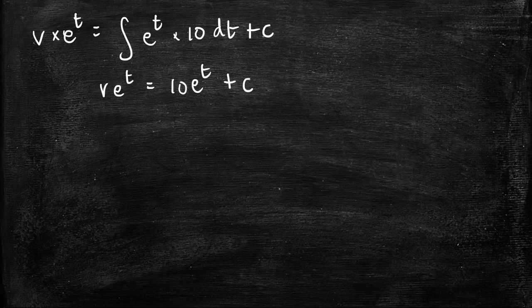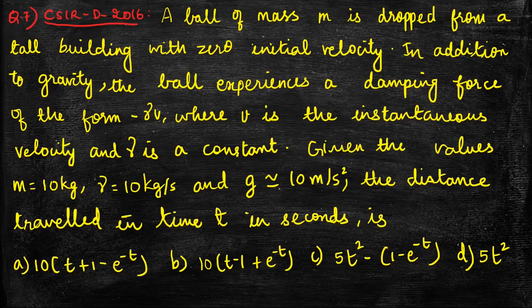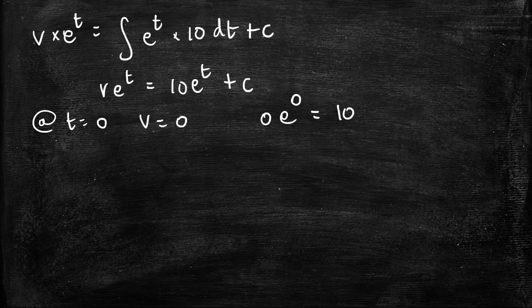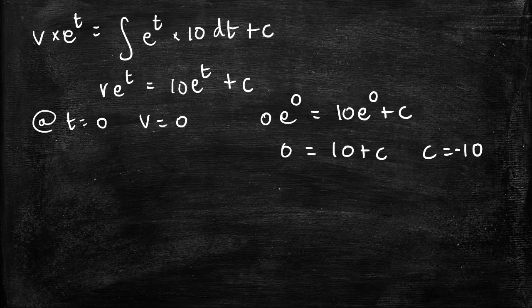So now you will think there is no condition given. How would we find the constant of integration? So we have seen that a ball of mass m is dropped from a tall building with zero initial velocity. So initially the velocity is 0. So at time t equal to 0, the velocity will be 0. Hence you can write 0 into e power 0 is equal to 10 e power 0 plus c, which will give you 0 is equal to 10 plus c. C will be minus 10.